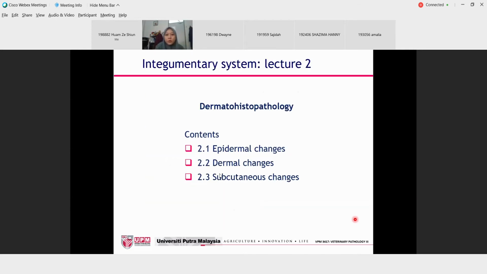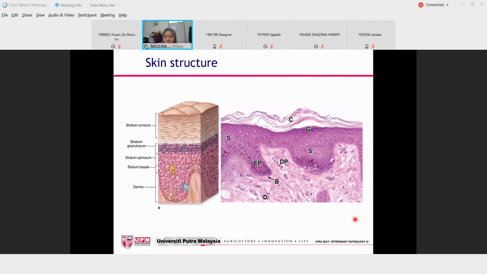For lecture 2, we'll be looking at the changes in the epidermis, dermis, and also the subcutaneous layer. First of all, as I emphasized last lecture, you need to memorize all this diagram of the normal structure of the skin.